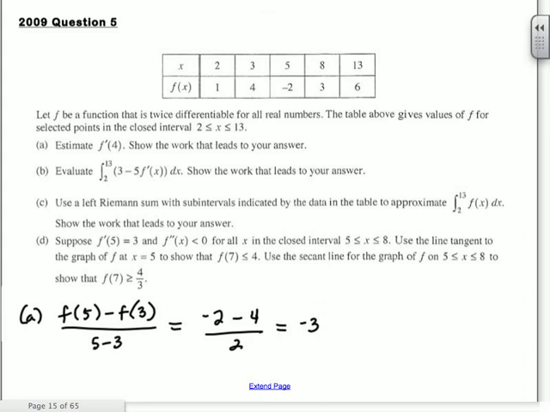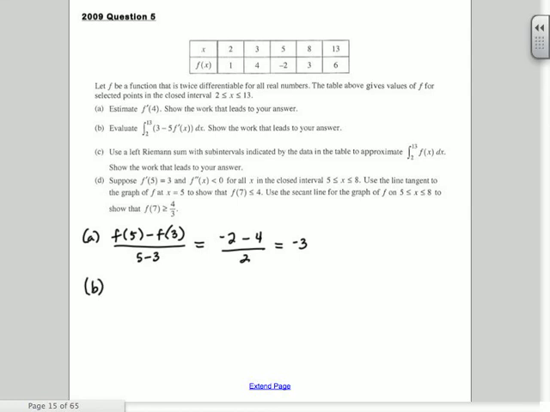Evaluate the integral from 2 to 13 of 3 minus 5 f prime of x, dx. This one, again, is not too bad. So, Amber, what do you think I do? Mackenzie, what do I do?